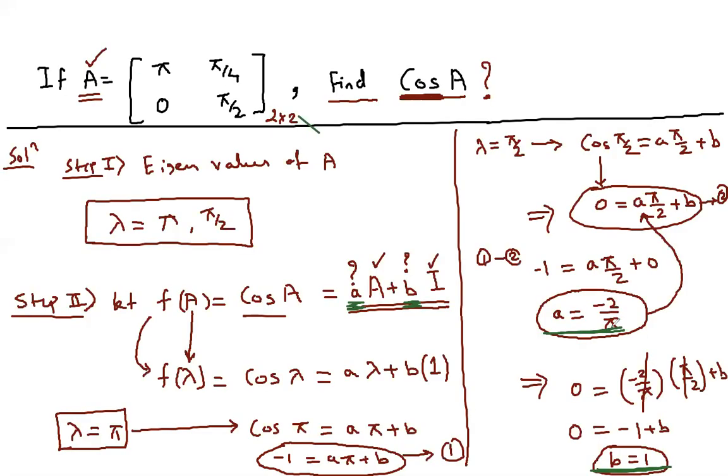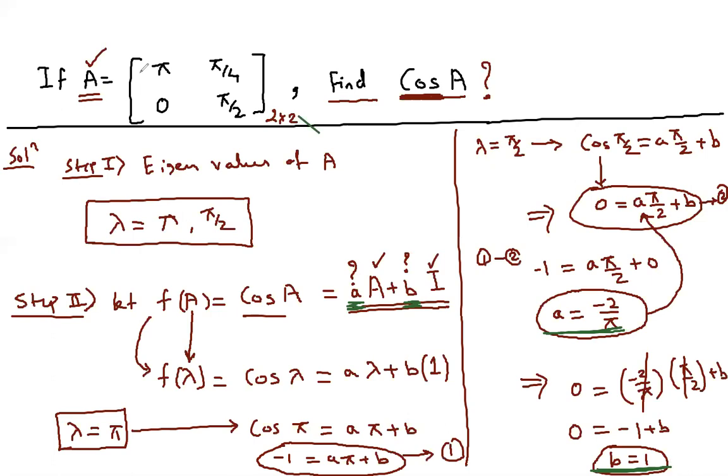So I get cosine of A is equal to the value of A, which is minus 2 by pi, times A, and B is 1, right? So it is 1 times I. Now what we do, we write down this cosine of A is equal to minus 2 by pi times A. We already have this A, the matrix given to us.